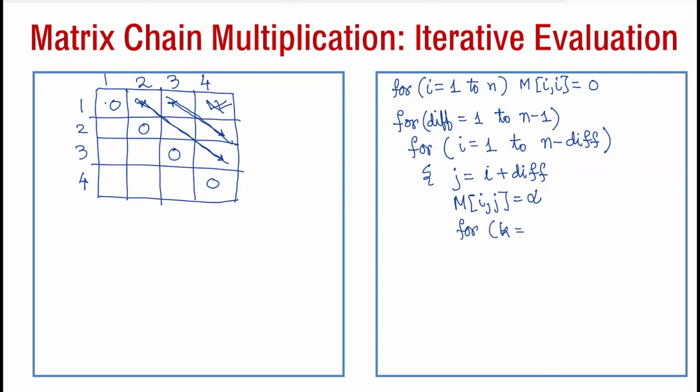k equal to i to j minus 1, as per our recursive equation, we will now compute q is equal to m.